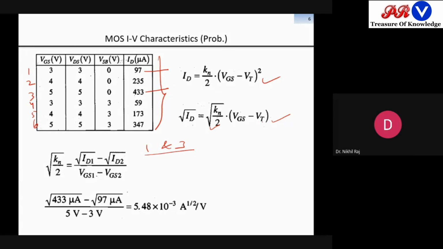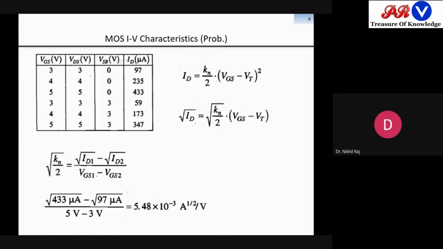So rearranging this, how have they written Vt? Square root of ID equals square root of Kn by 2 times VGS minus Vt. Wait a minute, why have they written ID1, ID2? Okay, one minute.